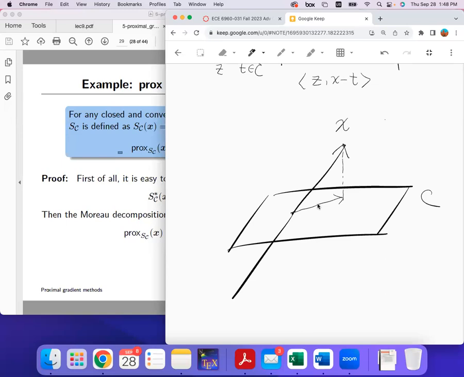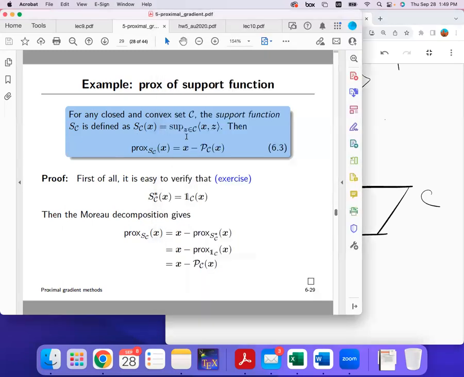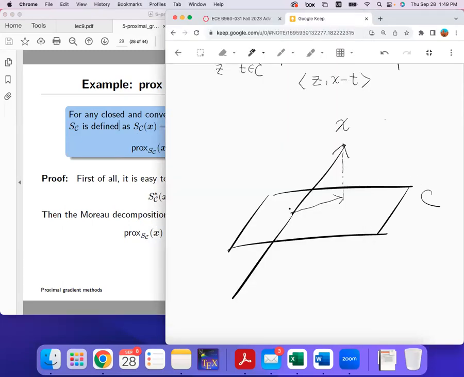But if C is not a subspace, then things could be more complicated. Just to be clear, z would be the vector like the bottom of the triangle. Yes, this would be z. This vector, or the vectors along this direction, will have the highest correlation with x.